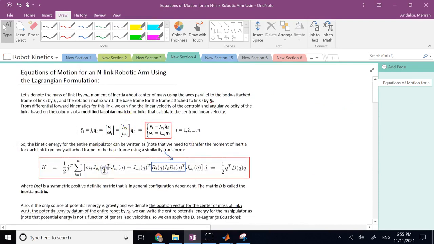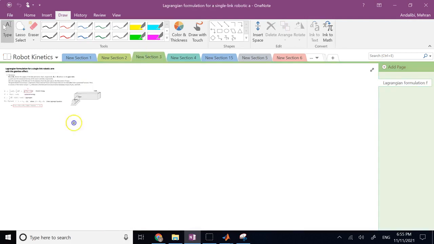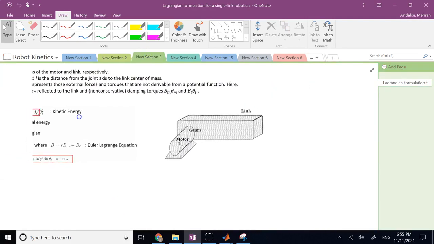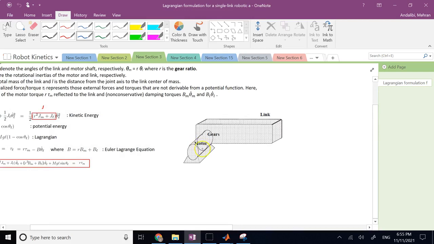Considering the kinetic energy of the links. And here we assume that the input to each motor is directly the torque. But in real life, the motors that are driving these links have some extra effects.